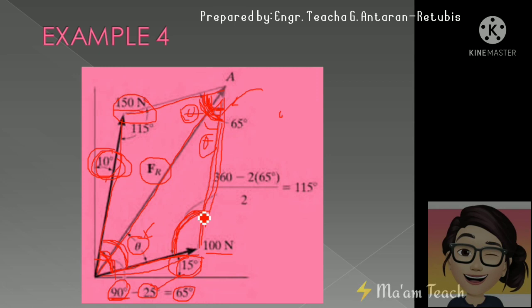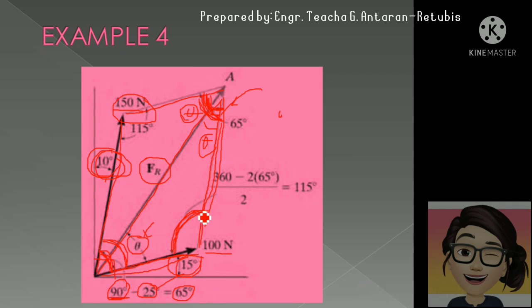Now if you recall, class, a parallelogram has a total of how many angles? If a triangle has a total of 180 degrees, obviously our parallelogram has a total of 360 degrees.